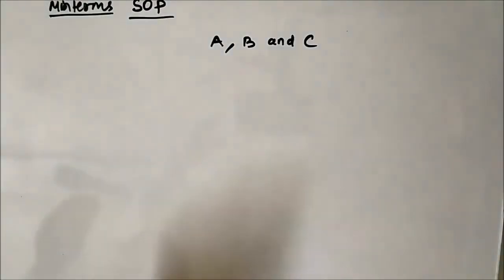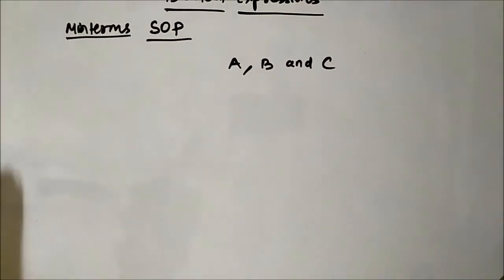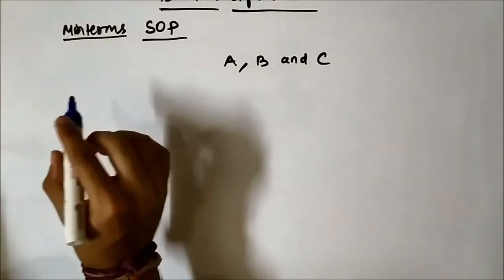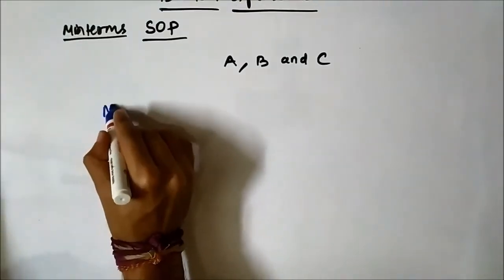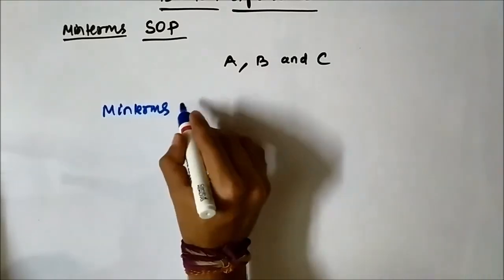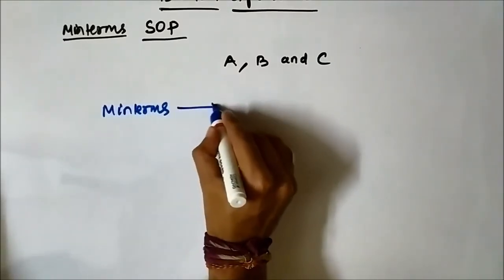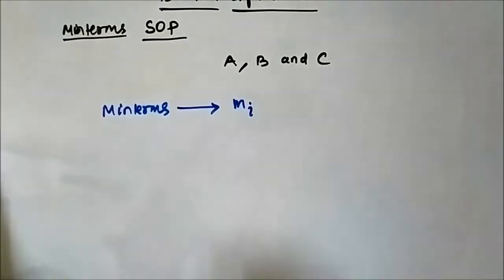Now the boolean terms, the product terms or minterms, are represented by the symbol small m subscript i.